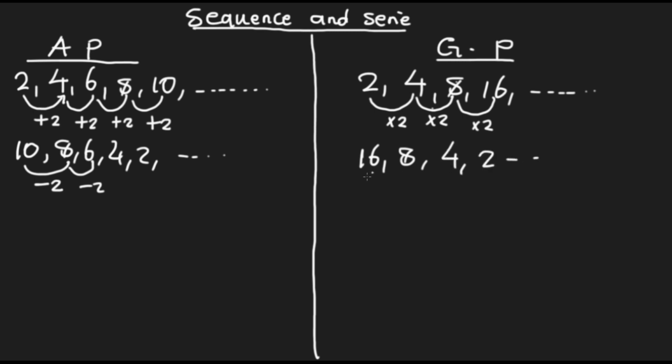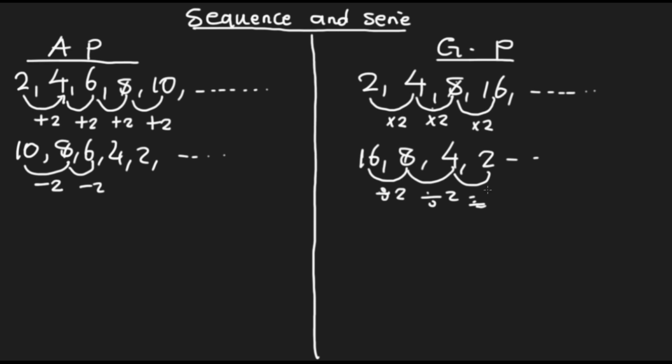Now, to move from 16 to 8, we divide by 2. Then 8 to 4, we divide by 2. 4 to 2, we divide by 2. So multiplication and division go with the GP, while addition and subtraction go with an AP.